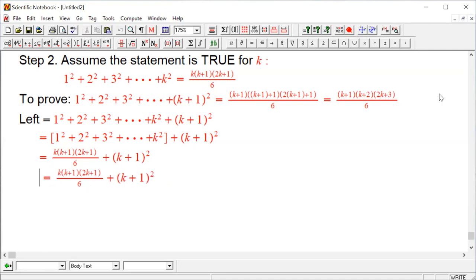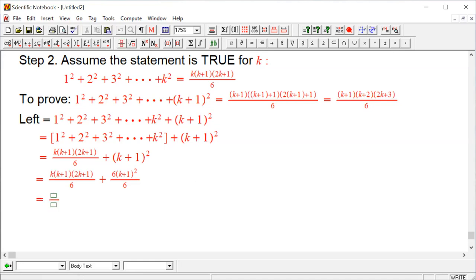And you can see from where we want to go, it's going to be a factor form. So we're going to factor this entire form. Firstly, we're going to make it a common denominator. We already have the denominator 6, right? And so we're going to factor out what we can.